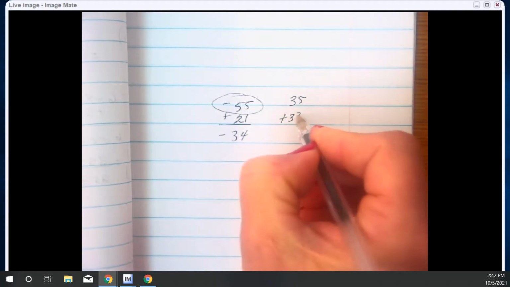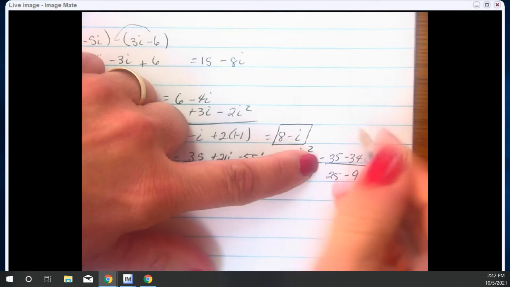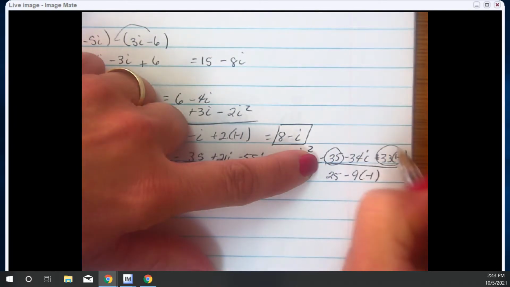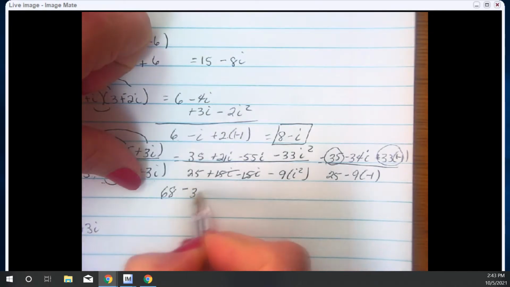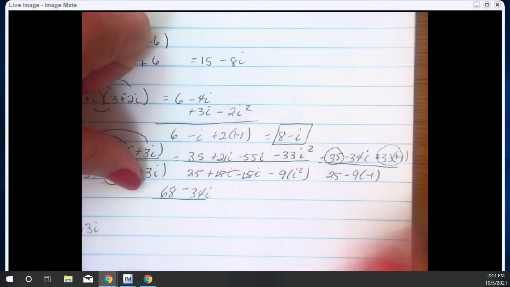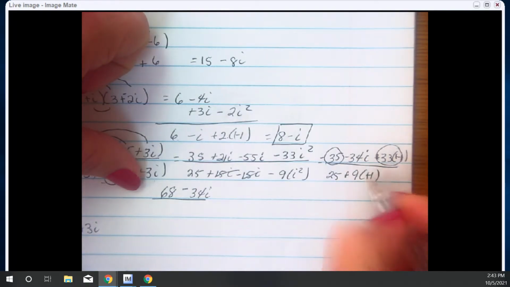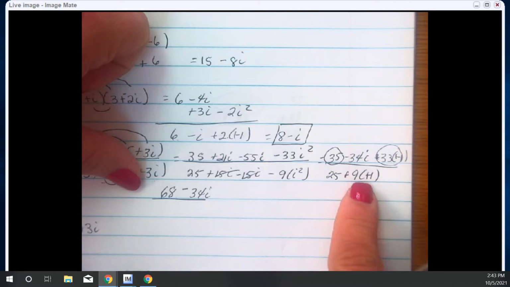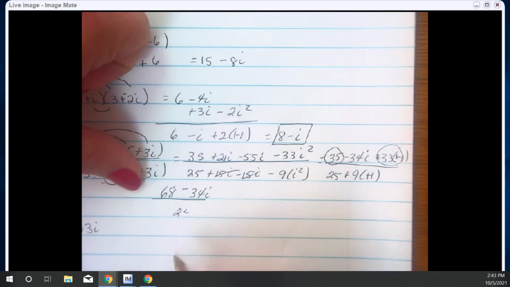In the numerator, 35 plus 33 is 68, minus 34i. In the denominator, I have 25 minus 9 times 1 is 9. Negative times a negative is a positive. 25 plus 9 is 34.